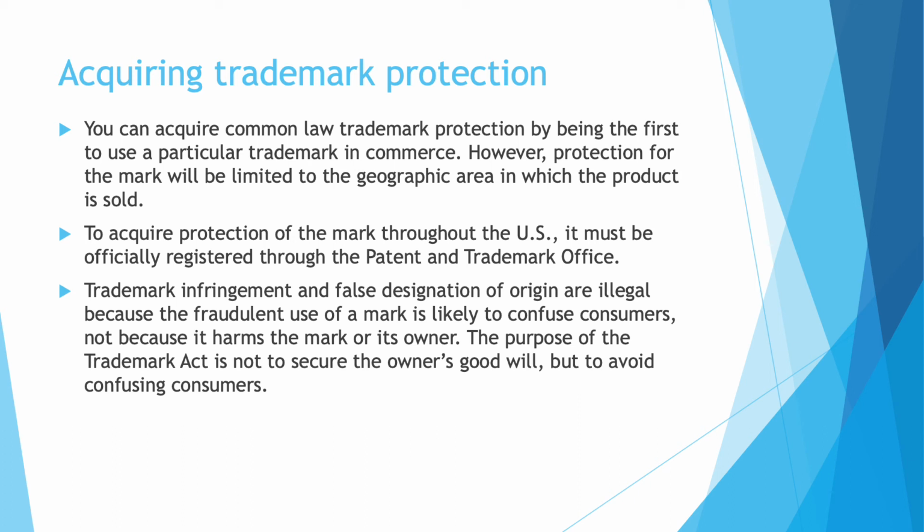Trademark infringement and false designation of origin are illegal because the fraudulent use of a mark is likely to confuse consumers. It's not to protect the mark or its owner. The purpose of the Trademark Act is not to secure the owner's goodwill, but to avoid confusing consumers.